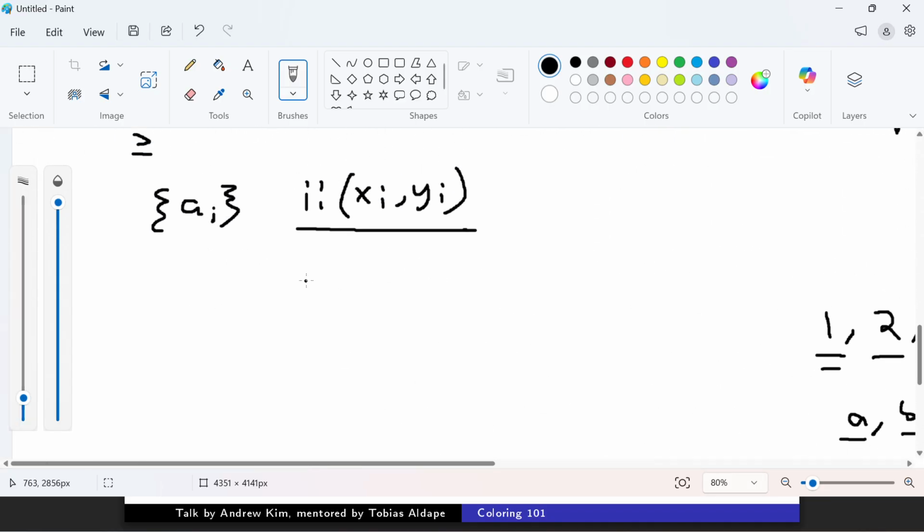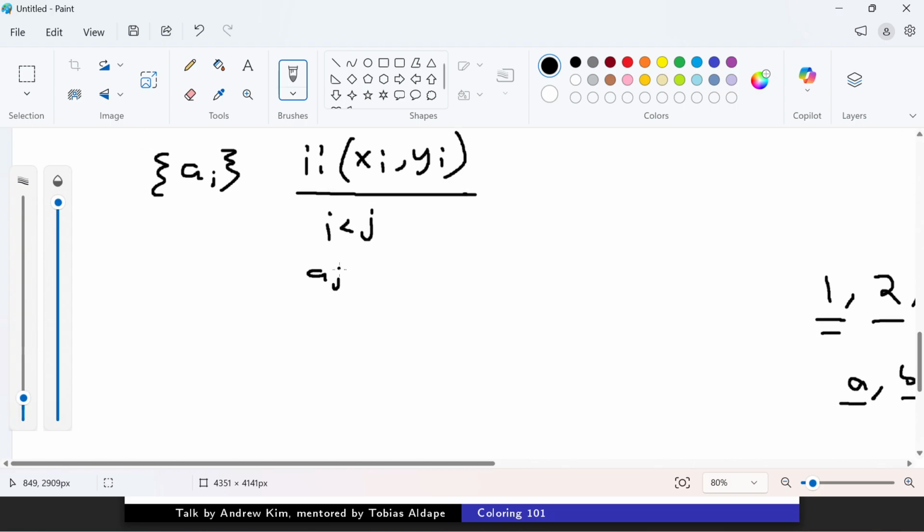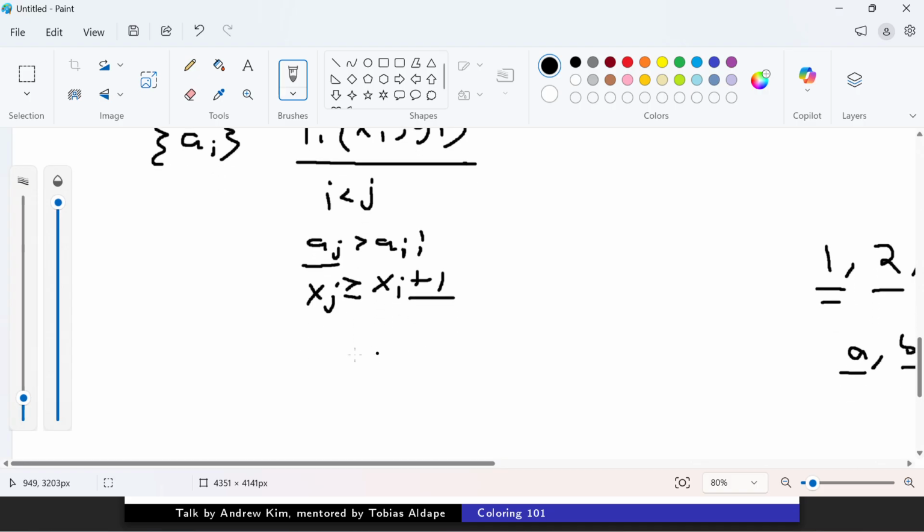And to see why this is true, let's say we have i less than j be two indices. If a_j is greater than a_i, then that means that x_j is at least x_i plus 1, because you can just take the longest subsequence ending in a_i and then append a_j to the end of it, and you get another increasing subsequence that's one longer.